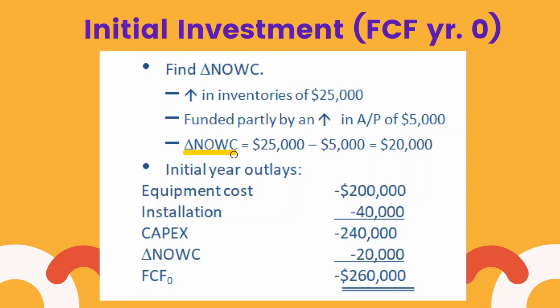This is the concept of working capital. The old raw material that will be put in the production process will be replaced by the new raw materials that we purchase. The amount of operating working capital that we use each year will be equal to $20,000. The changes from year 1, year 2, and year 3 will be equal to 0. No additional investment needed.